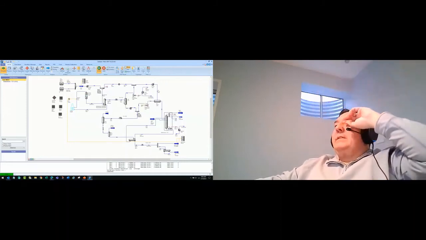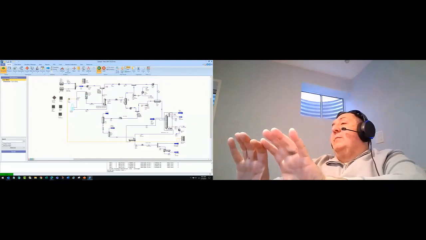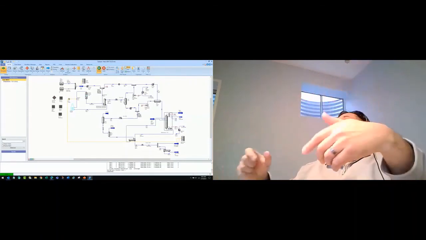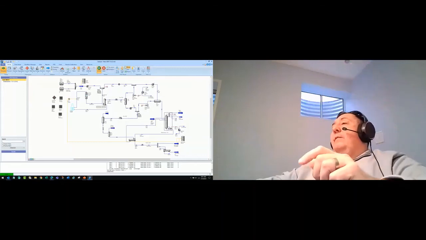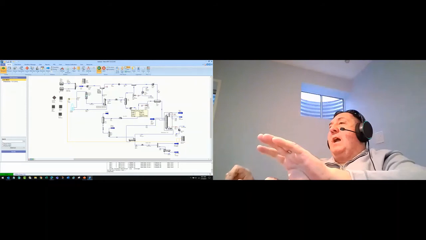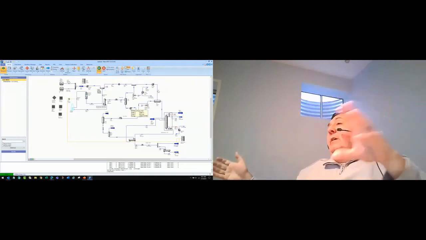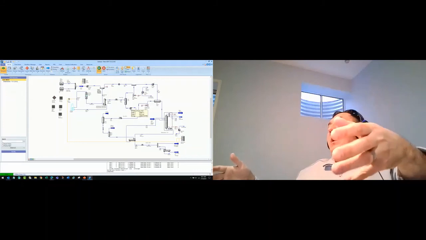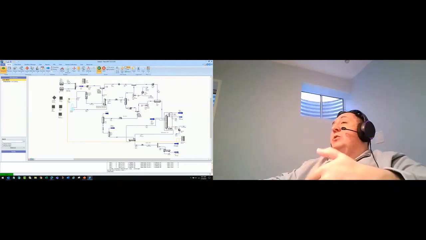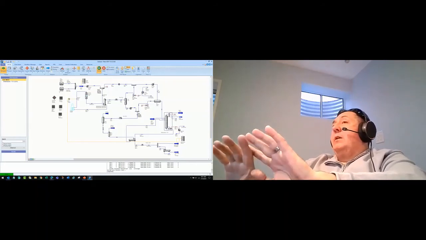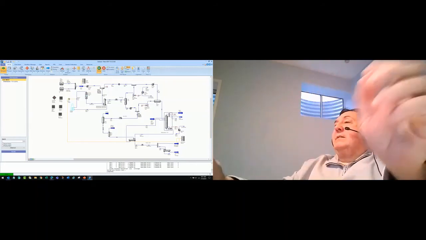So you can basically use this operator training simulator, which is a type of glorified kind of video game, and you can say, okay, if this piece of equipment fails, what can I do to try to counteract that, to either bring the rest of the process back into normal operation, or what can I do to shut this whole part of the refinery down as quickly as possible to avoid an accident?